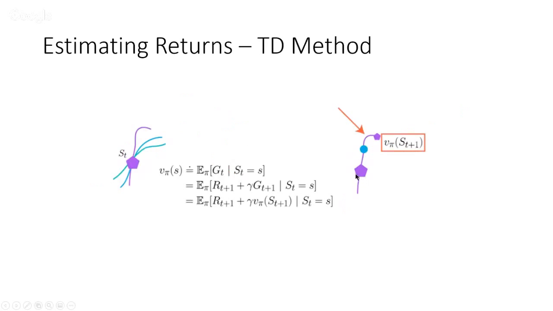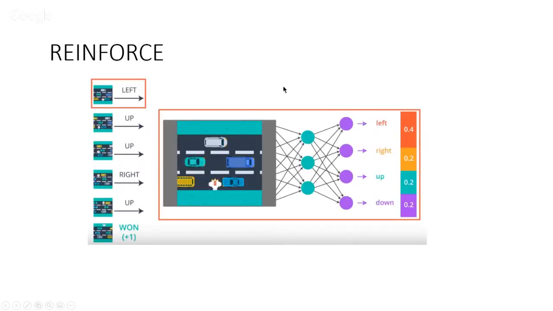Depending on our need, we need to use either the MC method or the TD method to compute value for our critic. So we'll use one of these in our critic to compute the action value or state value function. Now REINFORCE, again you can see the lesson and the webinar.